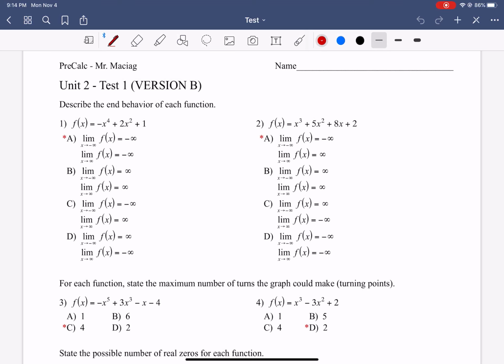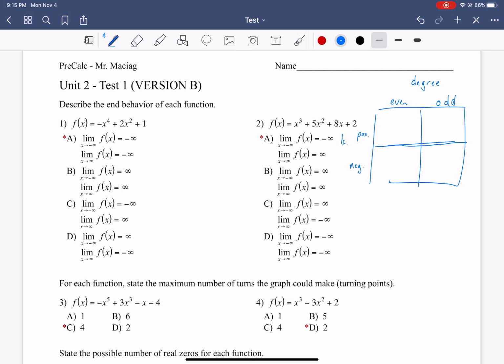For describe the end behavior of each function, we could graph this and see what it looks like, or we could use the table that says if it's even or odd, which is based on the degree, and if the leading coefficient is positive or negative.